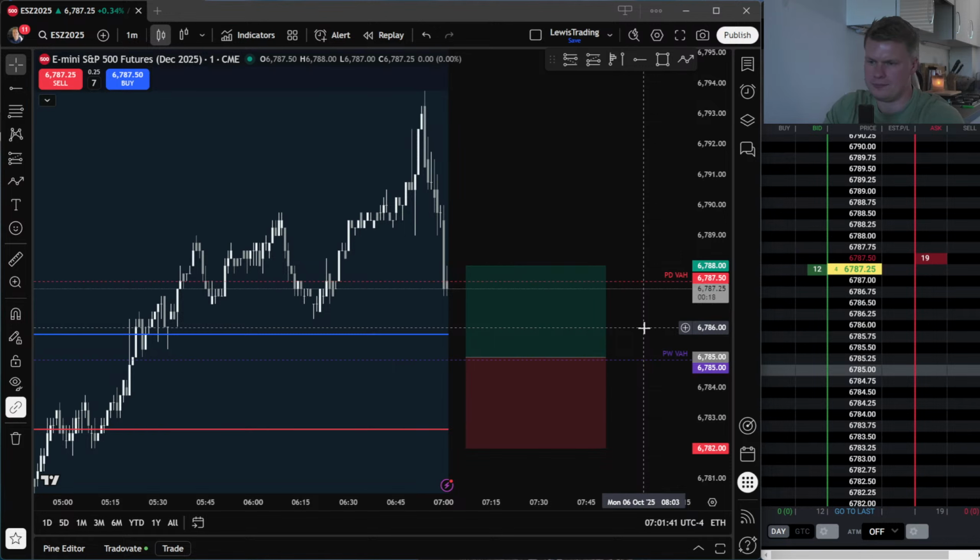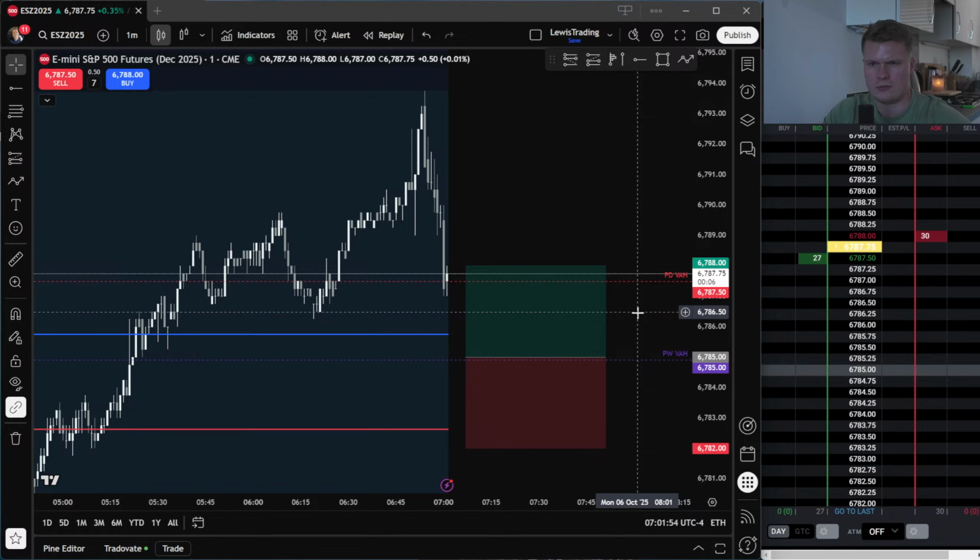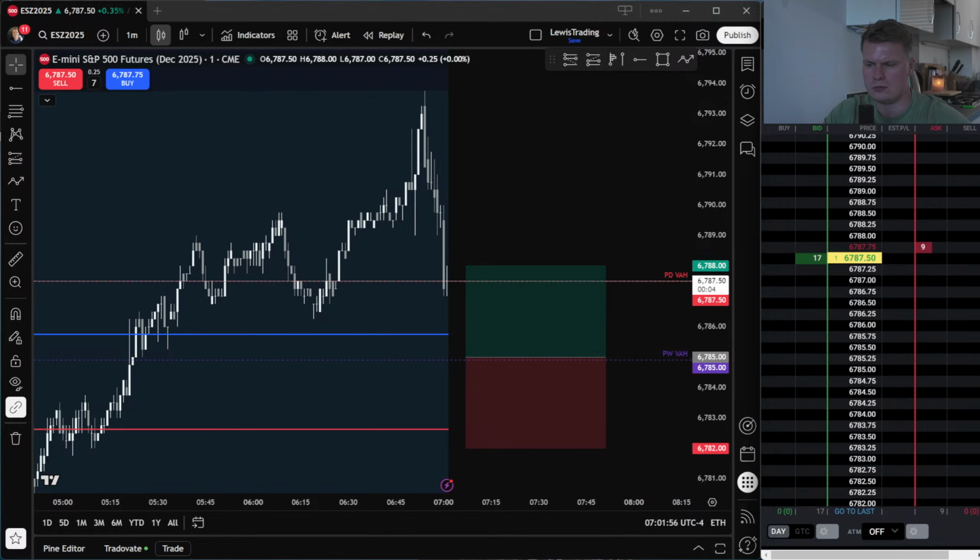Coming into our area. Hope it's not going to dip straight through and stop us out. So what I'm actually going to do is lower the contracts on that a little bit. We're going at 5.